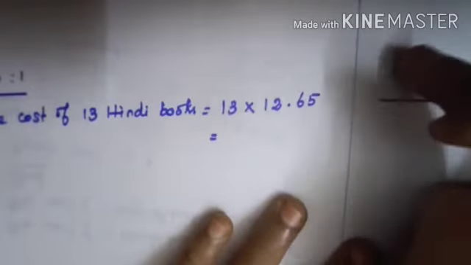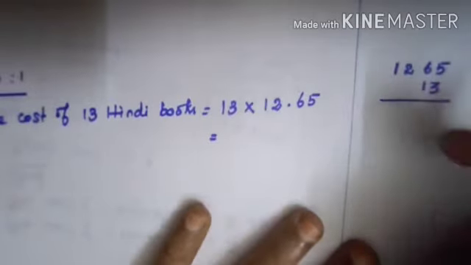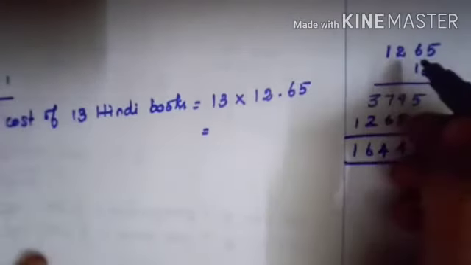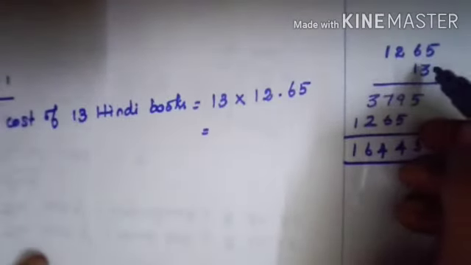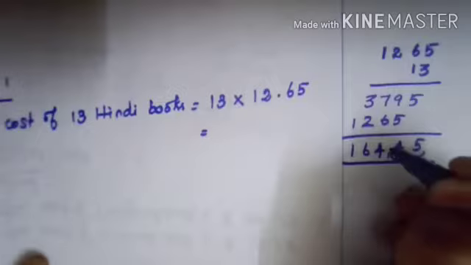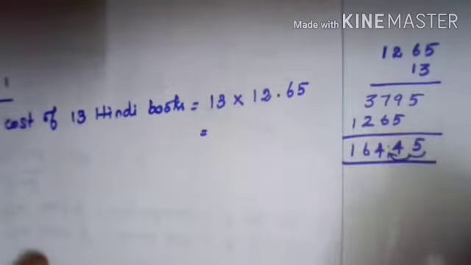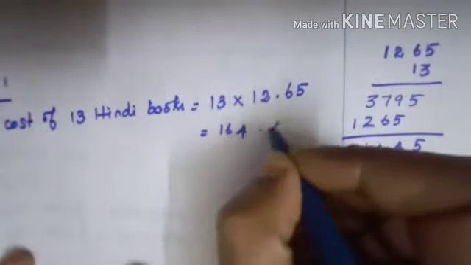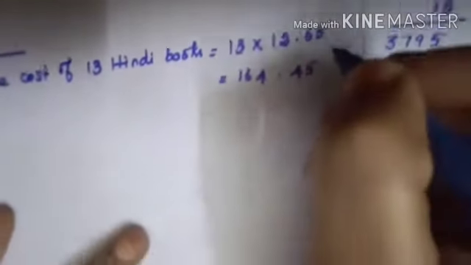First, ignore the decimal point. Multiply the whole numbers. Then, count the decimal places and keep the point from left to right. Here, 2 decimal places. So, your answer is 164.45.